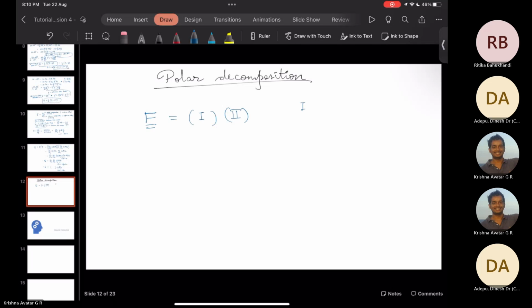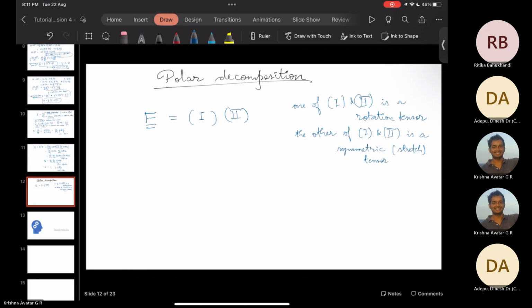One of them is a rotation tensor. If one is the rotation, then the other is a stretch tensor, which is also symmetric. Essentially, this tensor happens to be symmetric in nature.